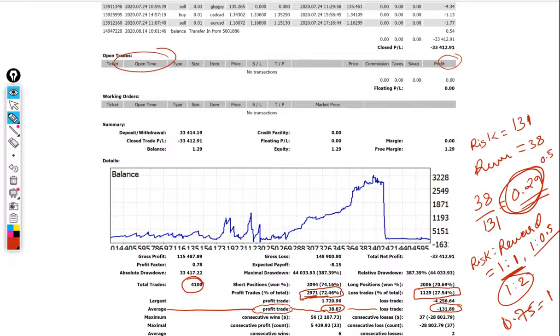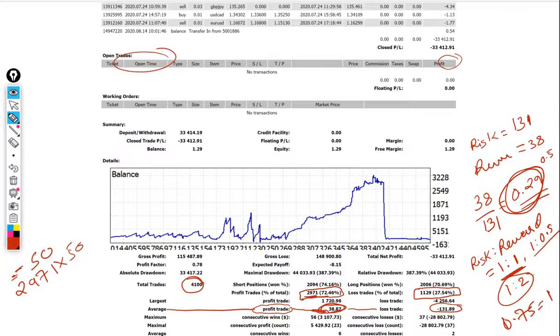So let's see that. If we make a profit of $50 rather than $38, we are just increasing the reward a bit, the average profit rate.